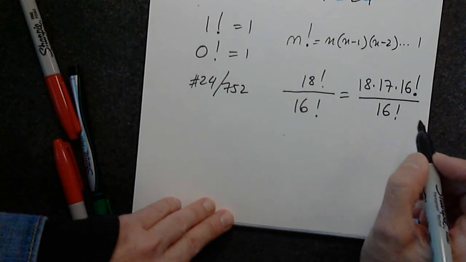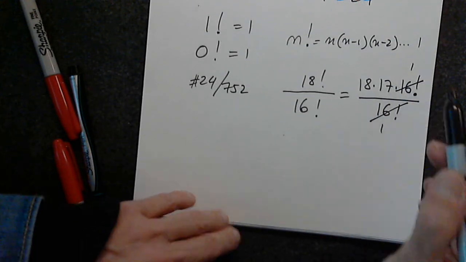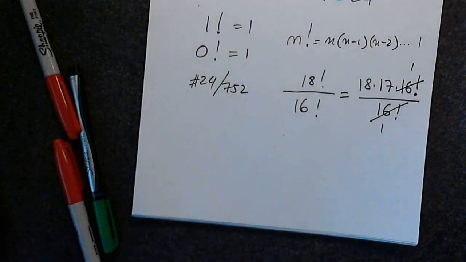Because I see 16 factorial in the denominator. I don't have to go all the way. I will see which one is the smallest, and I will start with the bigger one and then stop at the smallest one. So whatever 17 multiplied by 18 is, that's the answer. So it's 306.